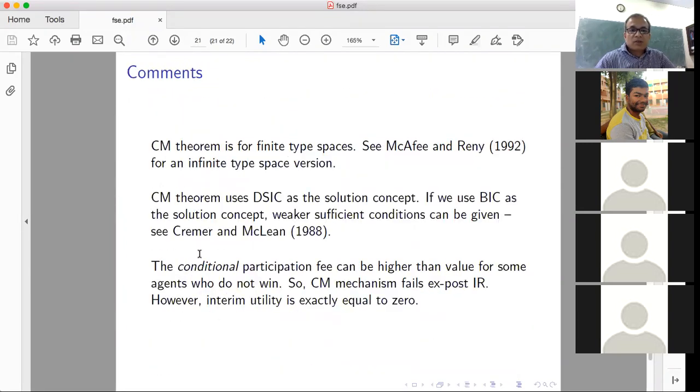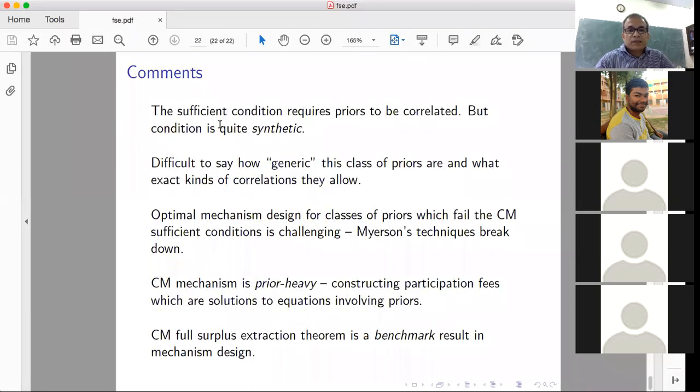But not surprisingly, the literature has shown that, for those of you who have taken measure theory, the class of priors which satisfy that system of equations is generic in the class of priors, in an appropriate measure theoretic sense.